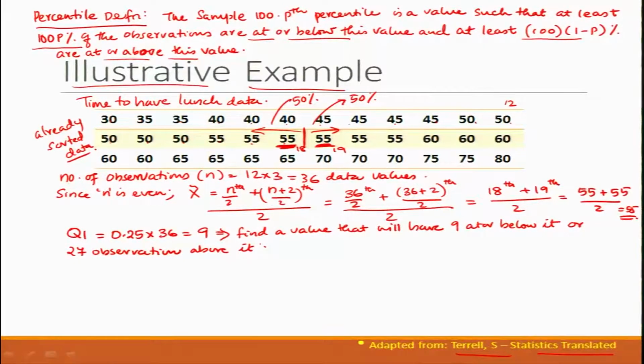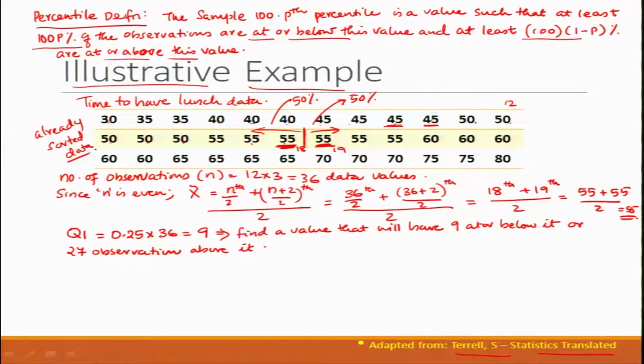In this case, you can think about it as 1, 2, 3, 4, 5, 6, 7, 8, 9. This is the 9th observation, and it will have 9 of them at or below, and above this will have 27 of them. Or if you take the 10th observation also, starting from here, it will have 9 below and 27 above it.